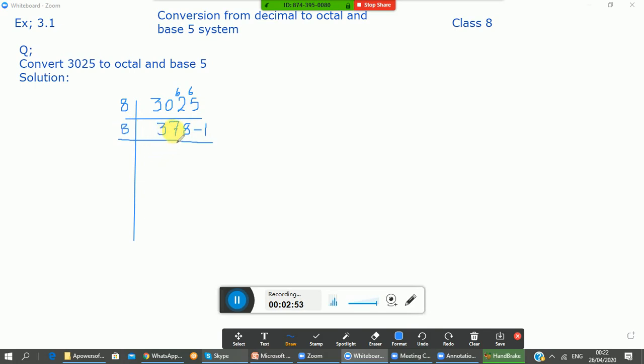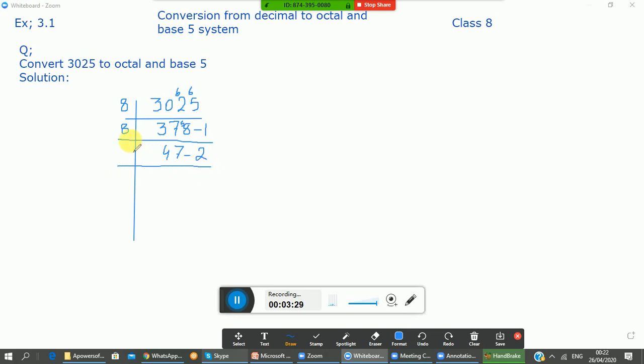Combine these two digits, because 3 is smaller than its divisor. So that's why we will combine these two digits. So it becomes 37. 8 4s are 32. So remaining 5. So it becomes 58. So 8 sevens are 56. Remainder 2.